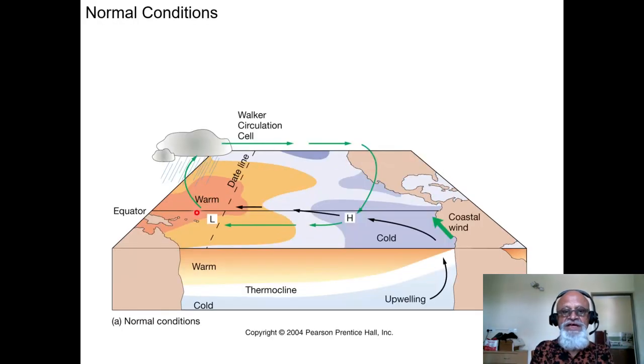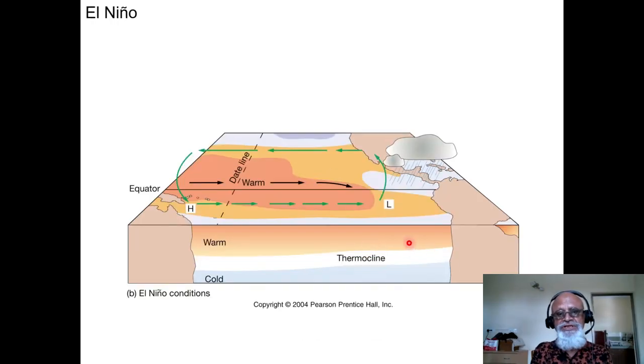This is the Walker cell, rising air here, coming back here, sinking here. There's another branch on the other side which we may talk about later, because that's how the monsoon gets affected and so on. So I have a podcast on Walker cell and Hadley cell and the winds that you can look up, but just pay attention to the normal conditions and the El Nino conditions.